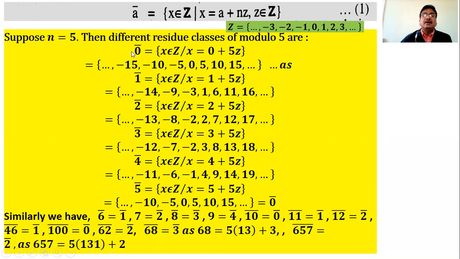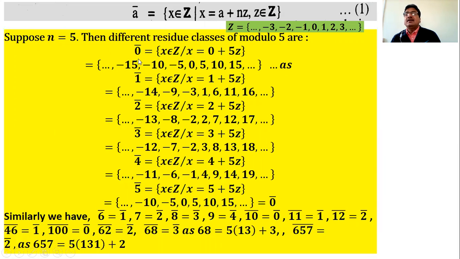How many residue classes will we find modulo 5? We will find infinitely many residue classes modulo 5, because we can find the equivalence class or residue class of every integer, and there are infinitely many integers. But the distinct ones are only 5: 0 bar, 1 bar, 2 bar, 3 bar, 4 bar.